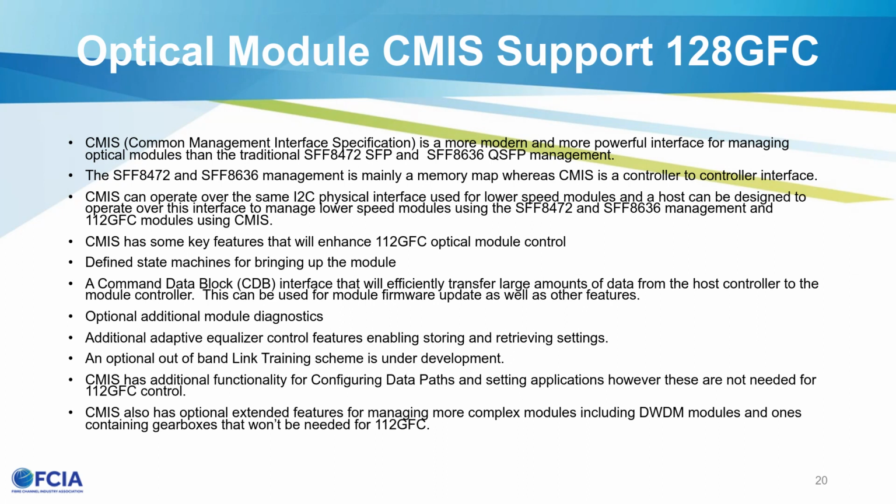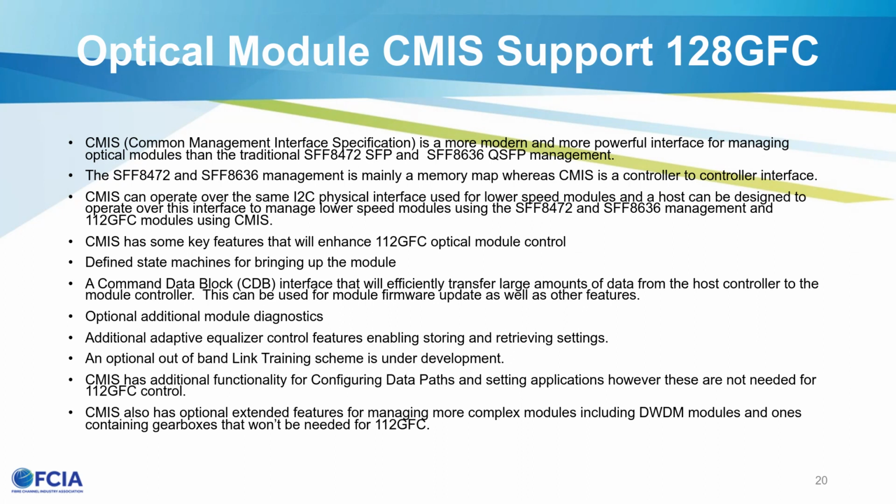But I think what's happened because of the complexity of the equalization, both in modules and in the host ASICs, to be able to close these link budgets at really incredible data rates. If you look at how fast these are running now, it takes a lot longer for them to adapt, and it takes a lot more information exchange between the module and the host ASIC to make sure that one or the other doesn't start adapting before they get a good signal.